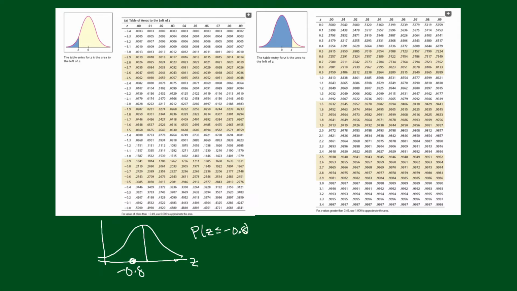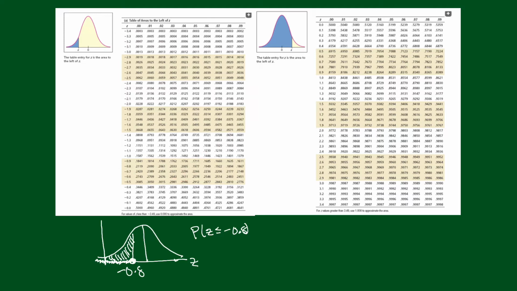So I locate it here. What's the probability that a randomly chosen value of z lands in that interval right there? Well, that probability is measured by finding that area. And here's how I find that area. I look at the table. Now, it's a negative number, so I'm going to use this table.